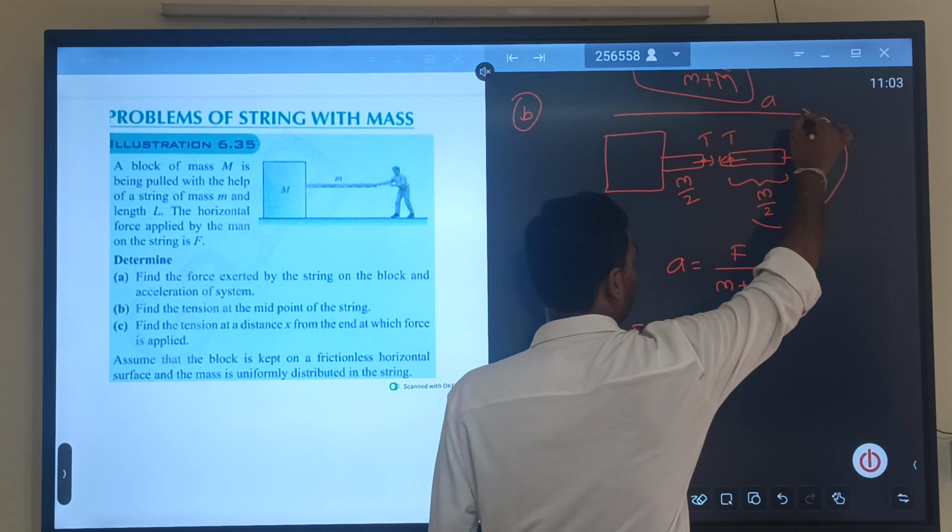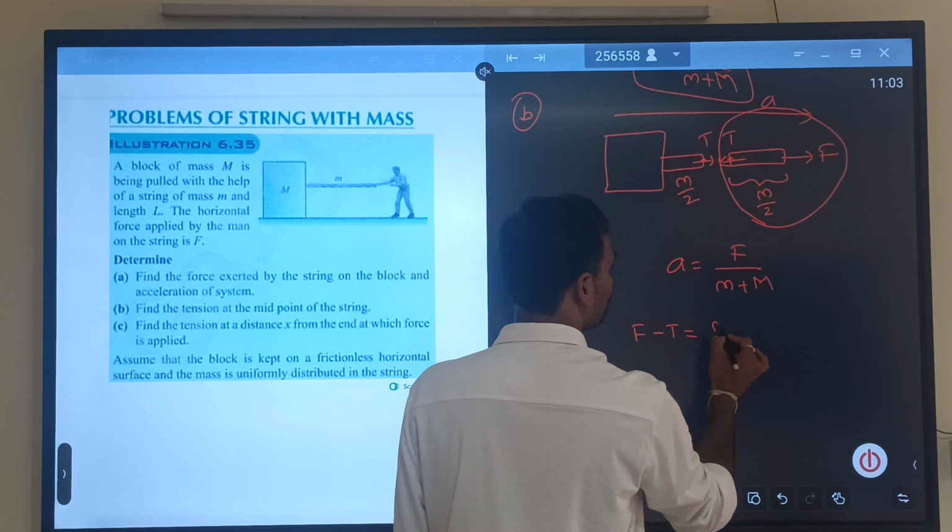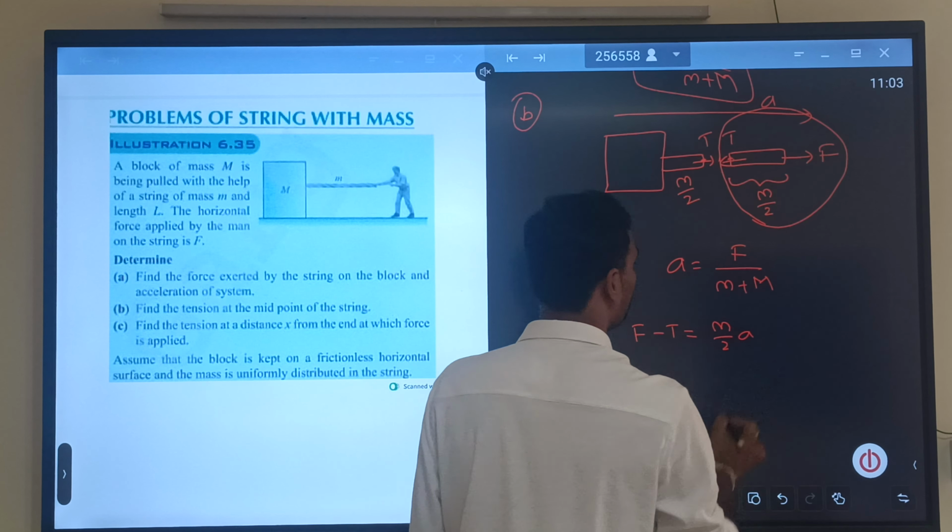And the mass of the remaining portion, that is, the block plus half of the thread.